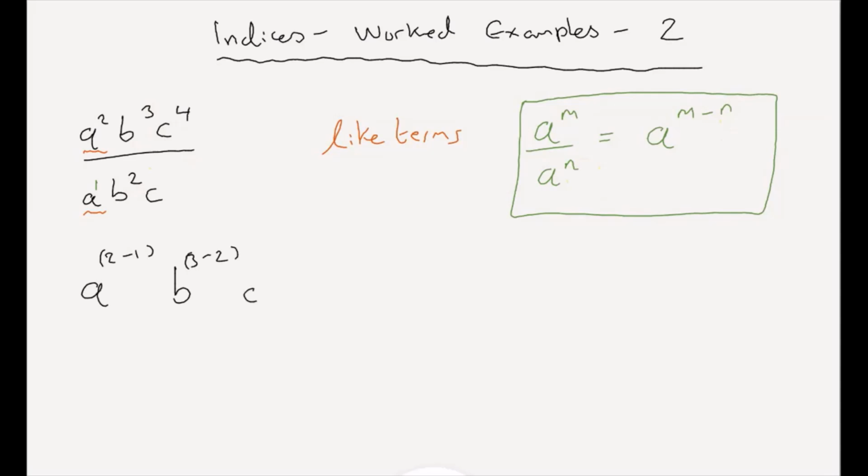Then the c term is 4 minus 1, because there's an invisible 1 there on the c. Put an equal sign in here. Let's simplify now. We're going to have a to the power of 2 minus 1, which is 1. We don't really need to put the 1 in, so I'll just leave it. And then b to 3 minus 2, well, that's 1 as well. Leave that one. And then c to the power of 3.